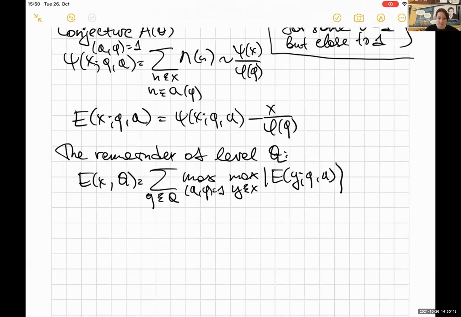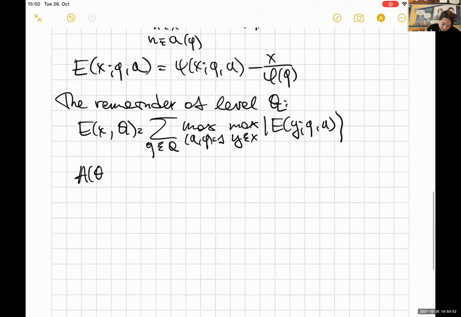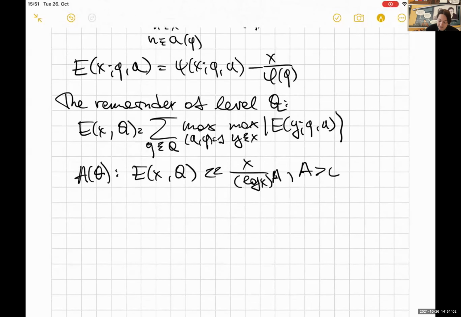So now we have introduced this parameter theta, which is between 0 and 1, and we introduce the following assumption. Hypothesis A of theta tells us that E of x, Q is less than x divided by (log x) to the A, where A is some constant larger than 0, and this holds for Q equal to x to the power theta minus epsilon.